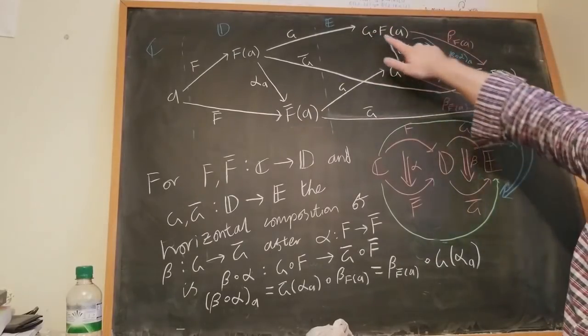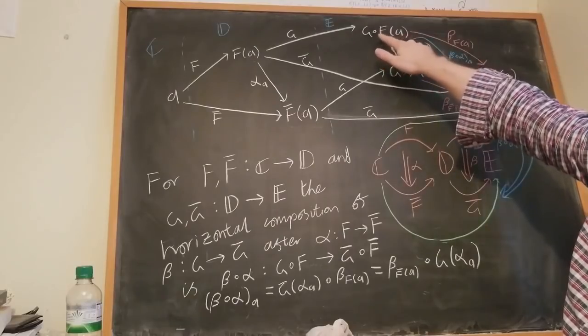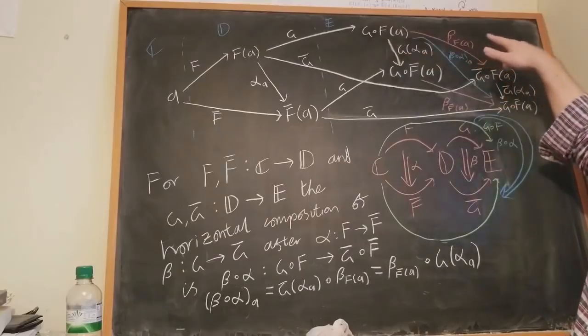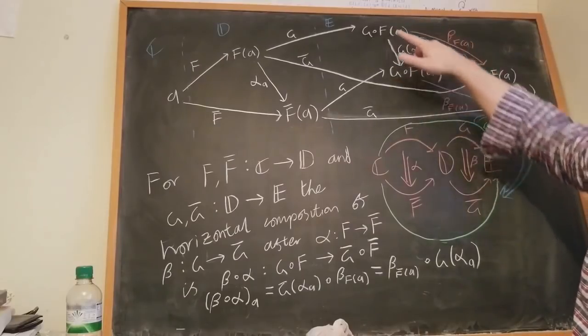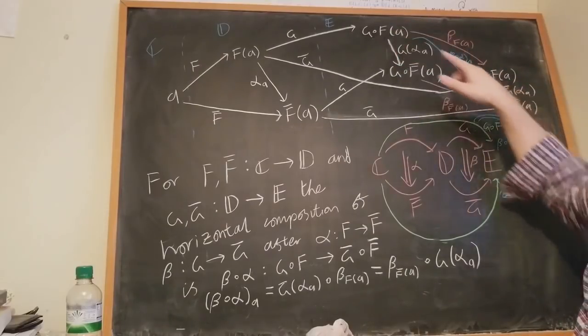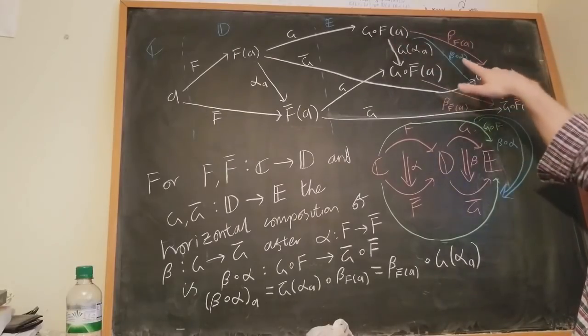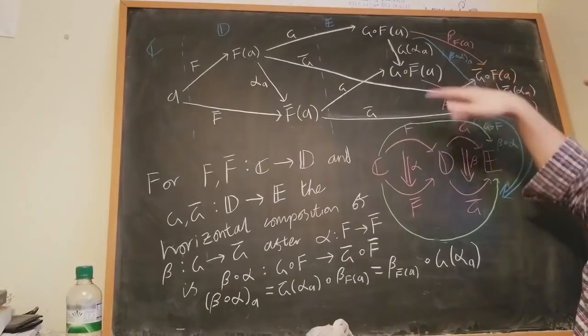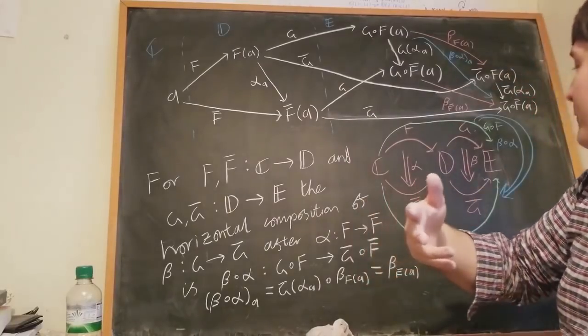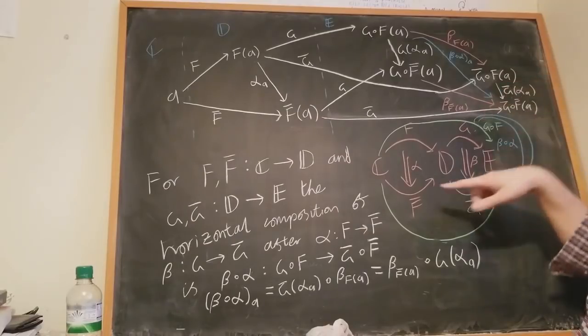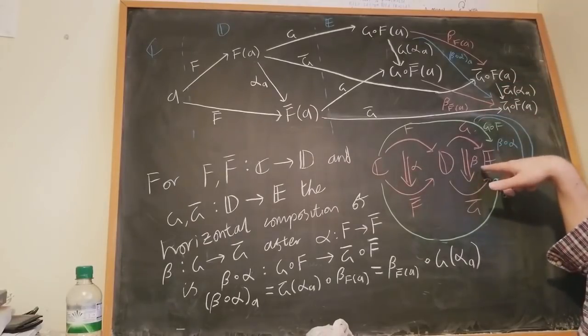And then we say, we want an arrow that goes from G after F to G bar after F bar. So we can get it by going along two sides of the square, either these two or these two. And either way, composing those gives the same thing. And we call that the Ath component of this natural transformation, the horizontal composition of alpha and beta.